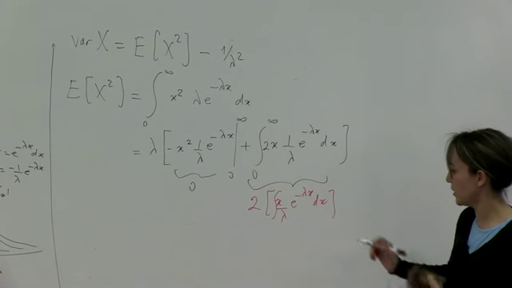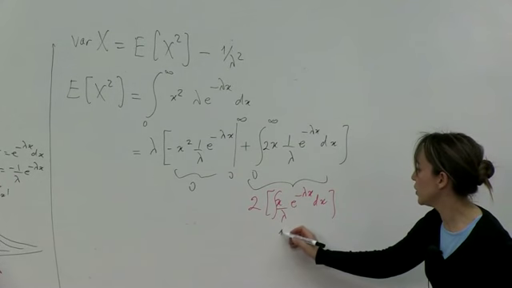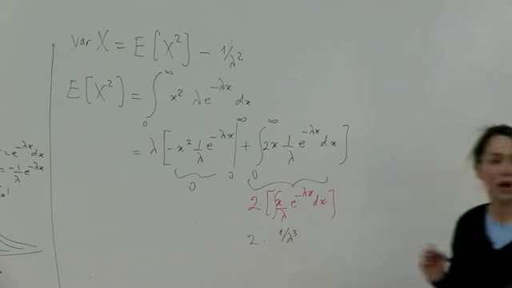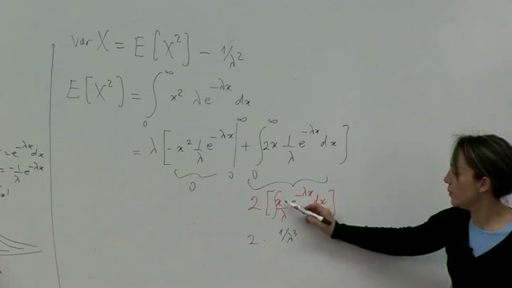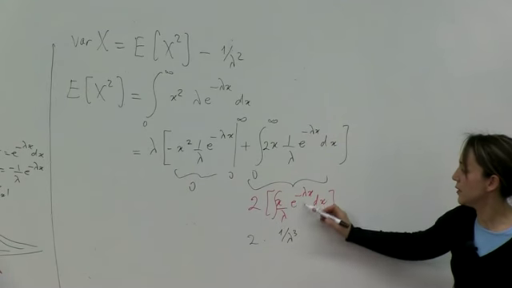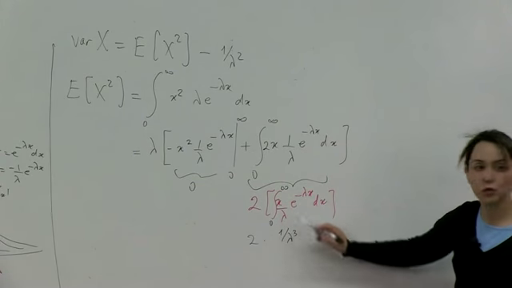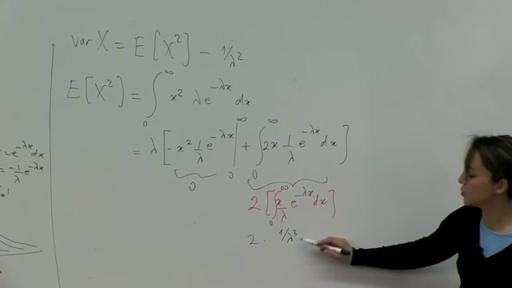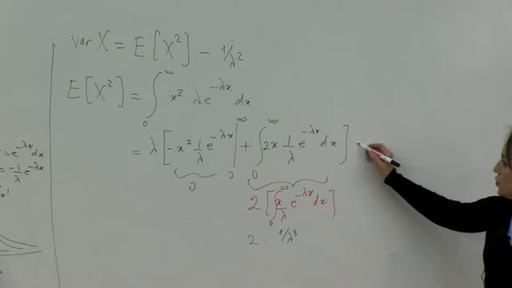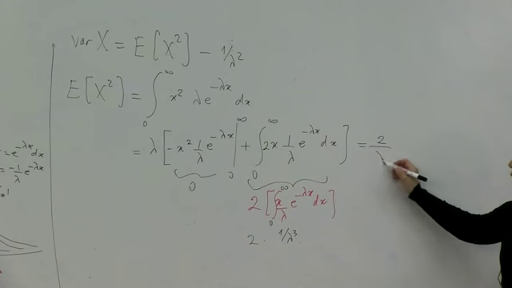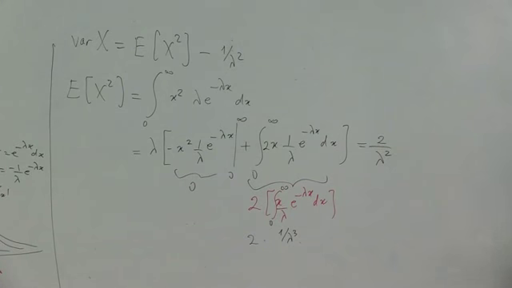So this is, it seems, 1 over lambda cubed times 2. Why? Because this is 1 over lambda times the integral of x e to the minus lambda x from 0 to infinity. So it's 1 over lambda times 1 over lambda squared, 1 over lambda cubed. So what do we get in the end? 2 over lambda squared. What is this? This is the second moment of the exponential.